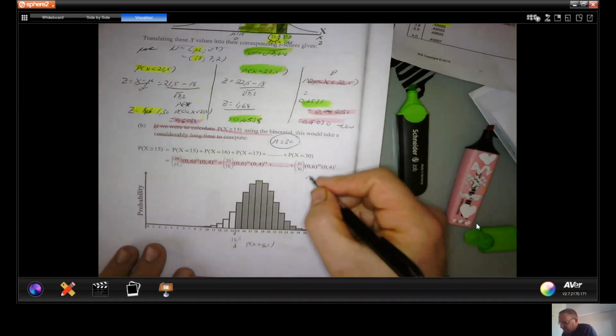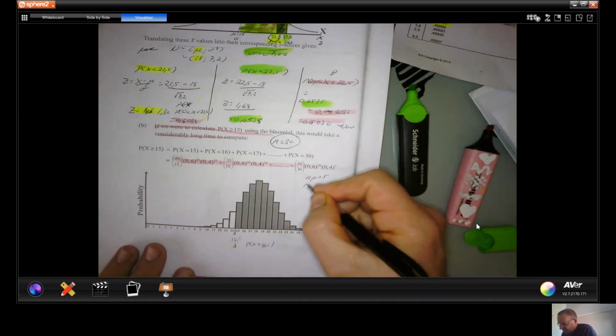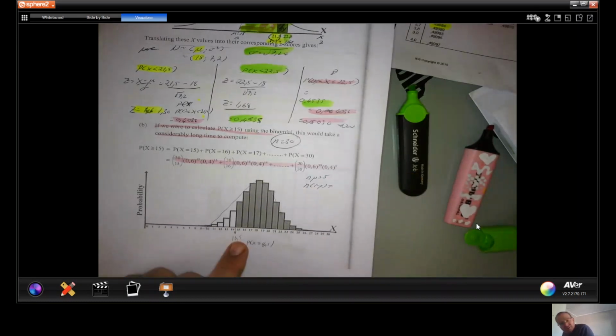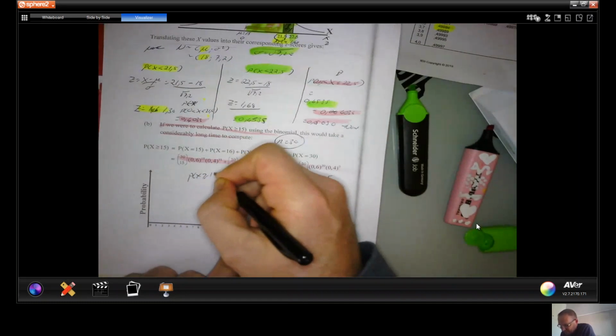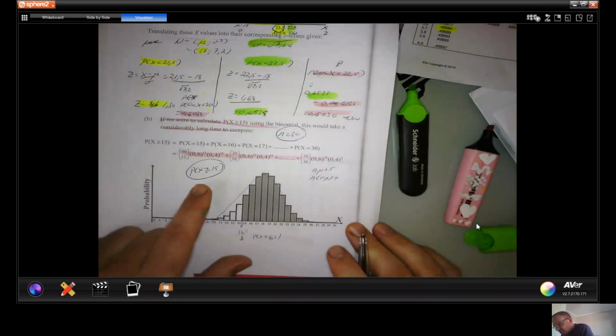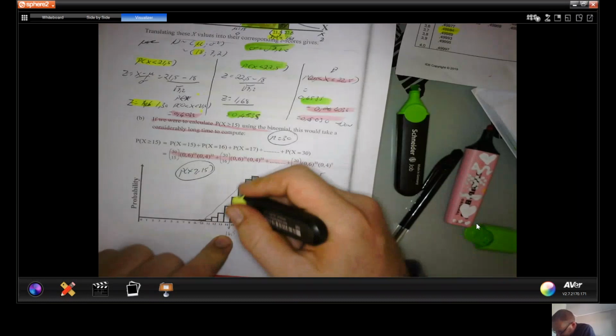Okay, so we know I can use a normal distribution because np was bigger than 5 and n(1 minus p) was bigger than 5, and you could fit a normal curve to this. So I'm going to use a normal distribution because it's going to save me hours instead of the binomial distribution. But to figure out the probability that X is bigger than or equal to 15, you've got to be careful to include the 15 bar over here.